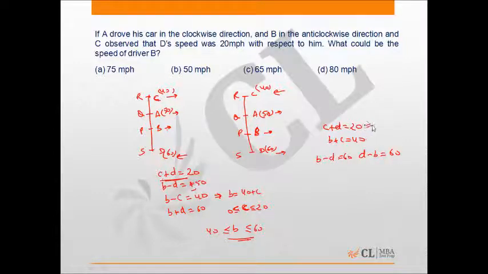From this, the maximum value of C is 20, the maximum value of D is 20, and the maximum value of B is 40. So either of these two cases is not possible, right? The difference of B and D is at max 40, so 40 minus 0, right? So this case is not possible. So this is the only possibility, 40 to 60. The only option is option B.